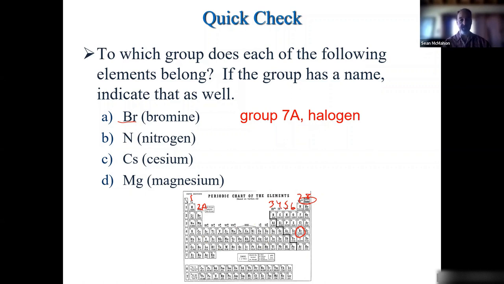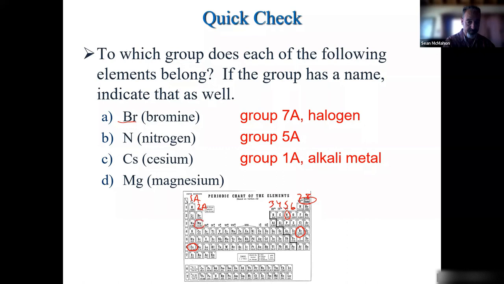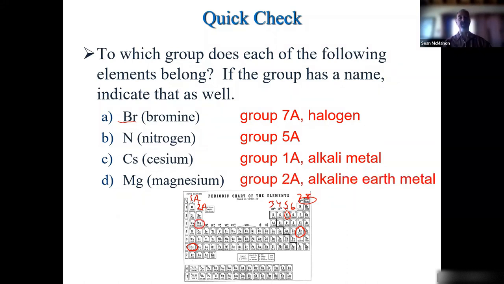Now, where's nitrogen? Remember, that just had a common name, so nitrogen's group 5A. Cesium, I go here, it's in group 1A, and that first group had a name of alkali metals, and then magnesium, it's right there, group 2A, alkaline earth metals.